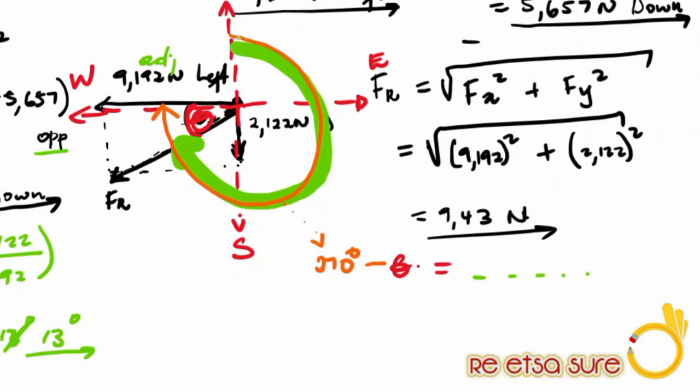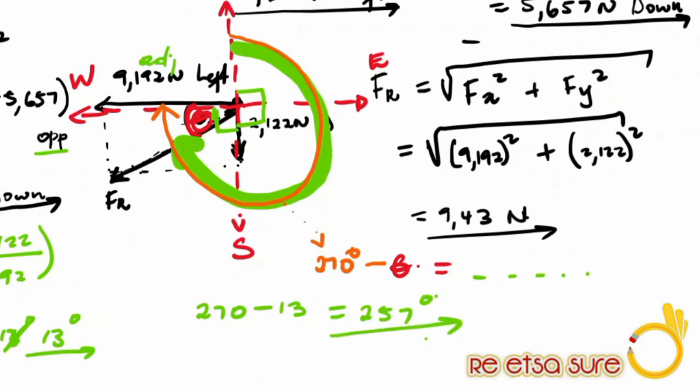So one other thing that I know, from here to here, our angle is 90. So from here up until here, our total angle is 270. So meaning I can simply say 270 minus 13. It gives us 257 degrees.